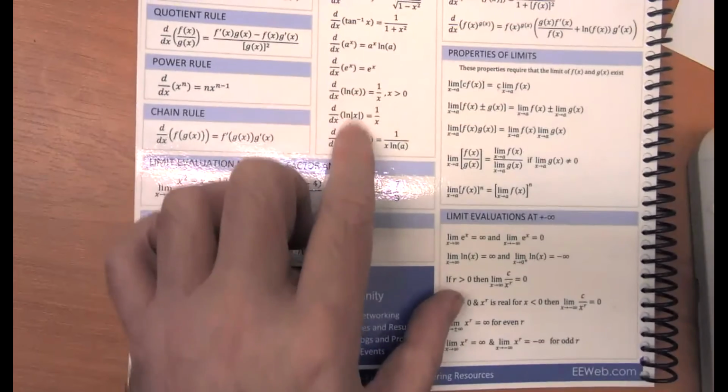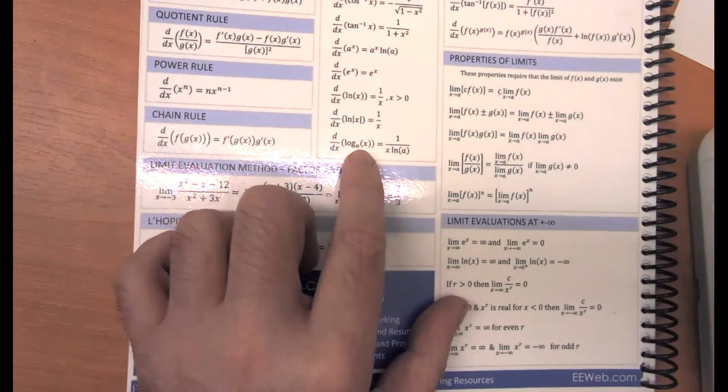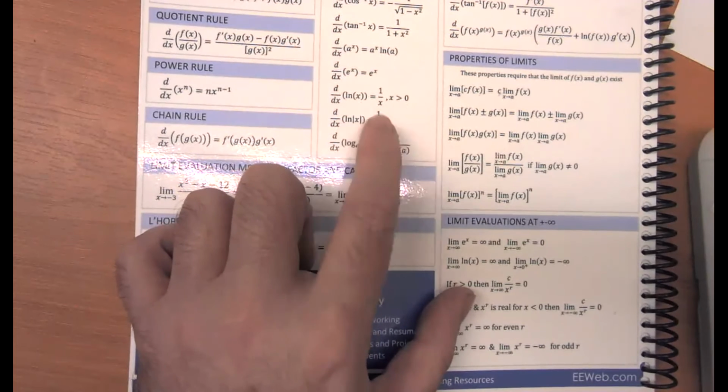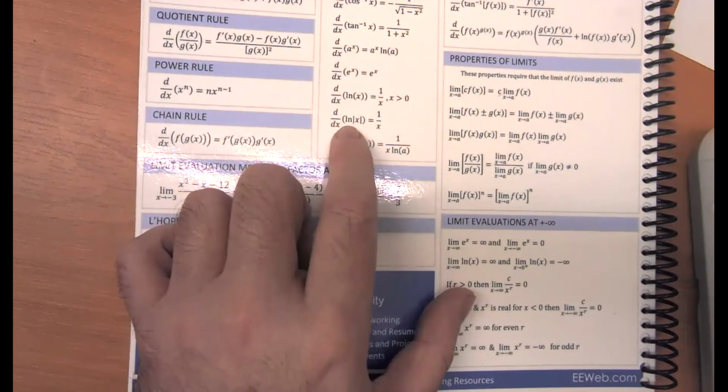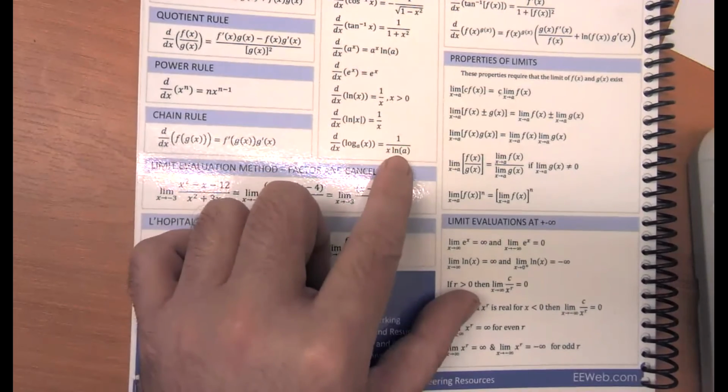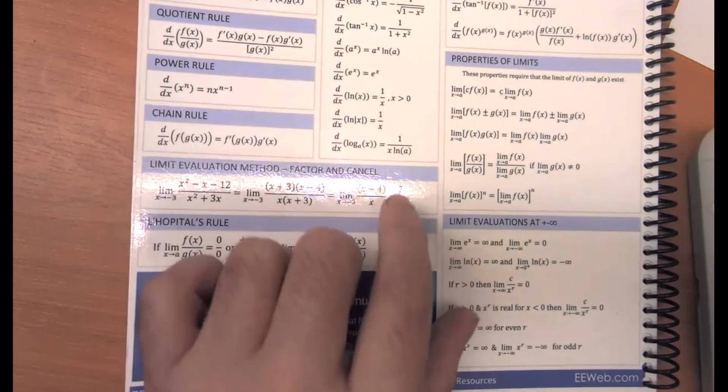And then these last three rules are what we just came up with in this video. That the derivative of the natural logarithm is 1 over x when x is greater than 0. To deal with positive and negative values, we need the natural logarithm of the absolute value of x, and arbitrary logarithms have this extra scaling factor depending on the base.